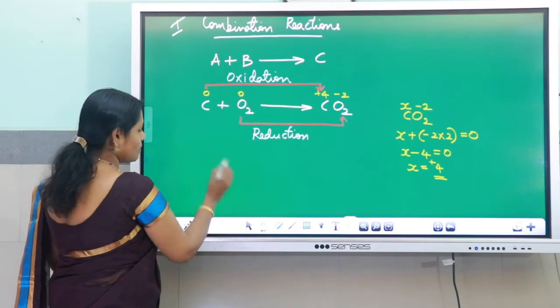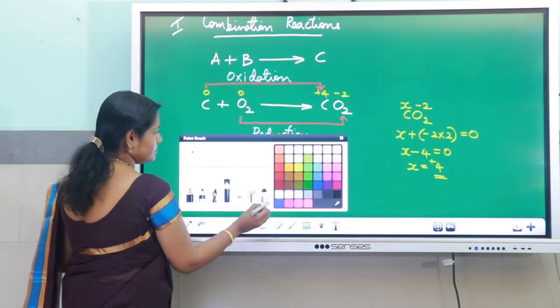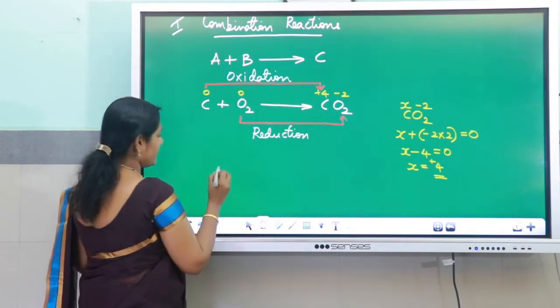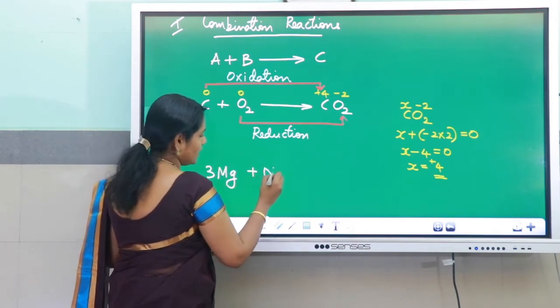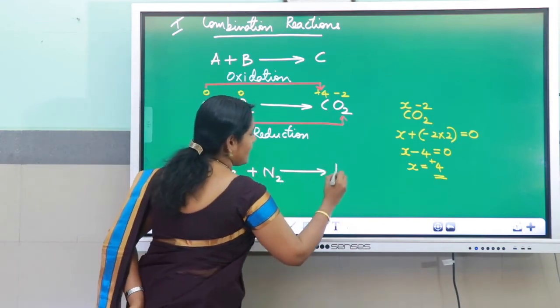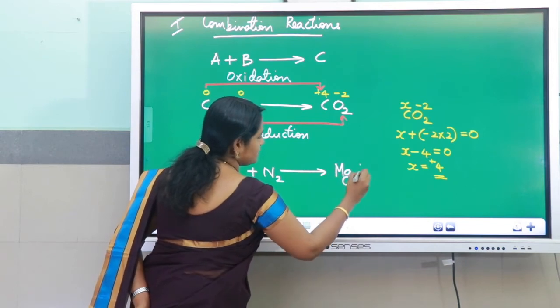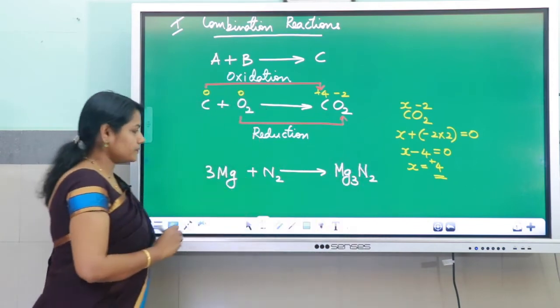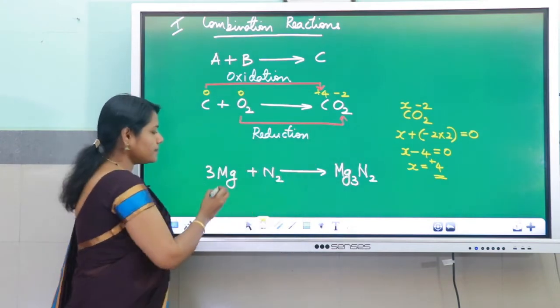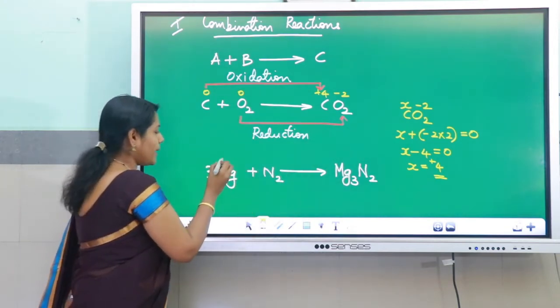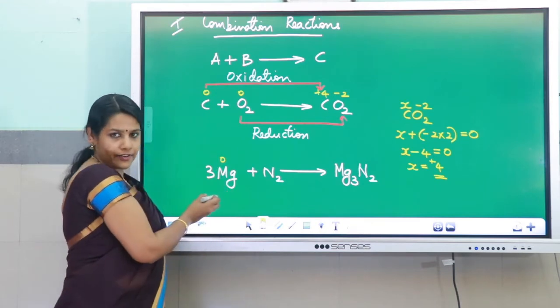Let us see one more example. Mg plus N2 gives Mg3N2. Let us calculate the oxidation numbers. For magnesium it is 0 since it is in the free state.